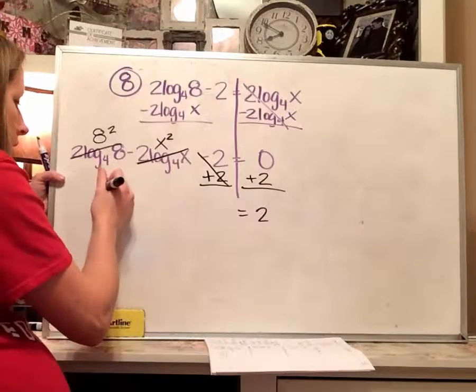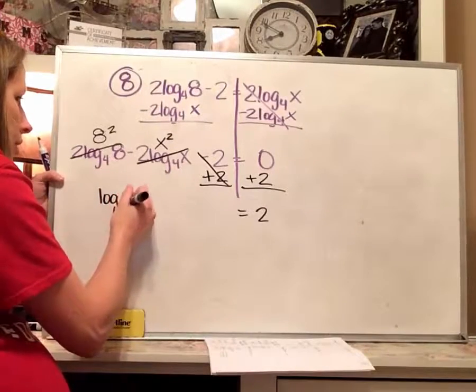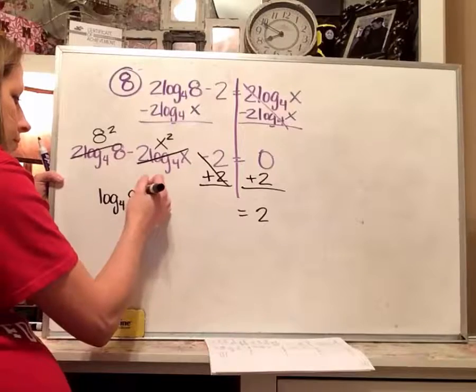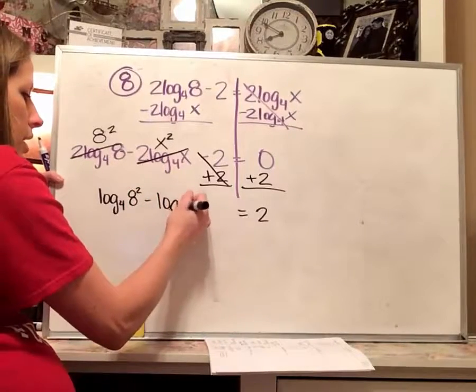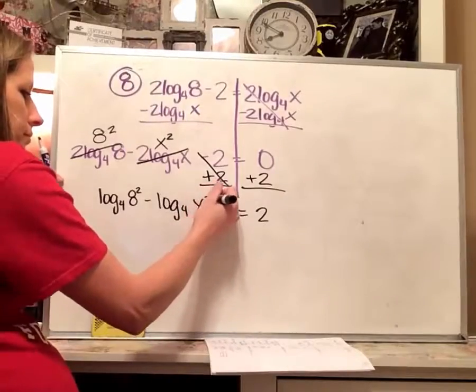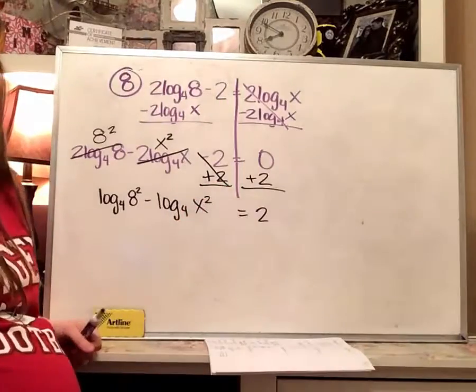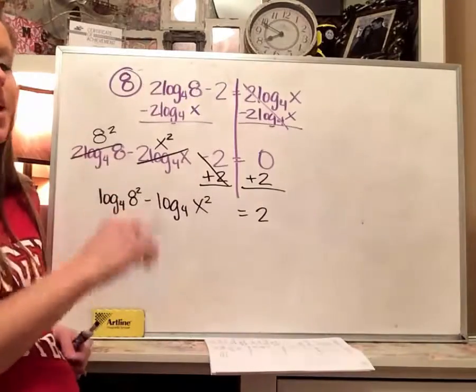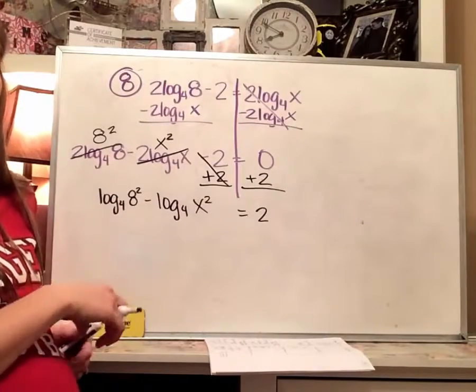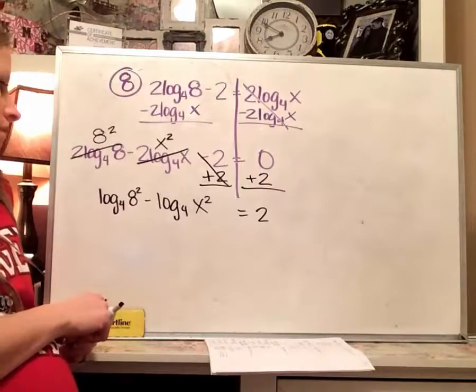So I have log base 4 of 8 squared minus log base 4 of x squared. If you don't remember these laws of logarithms, you need to go back and look at those notes.